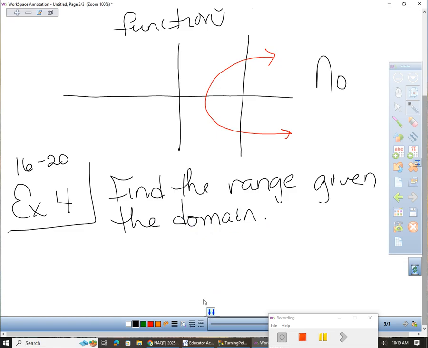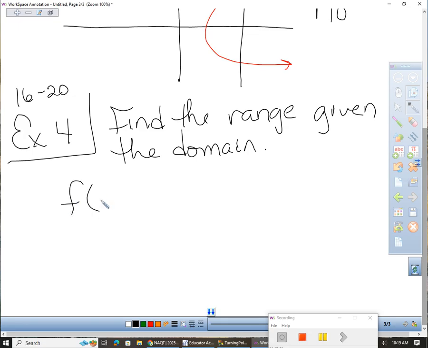So your problem is going to look like this. It's going to say f of x equals 3x minus 2. And then after the problem, it's going to have the domain of 1, 2, 3. First of all, f of x in the front means what? Y. So it's just y equals, right? That's all that is. So we're going to start by plugging in our x values to find our range.